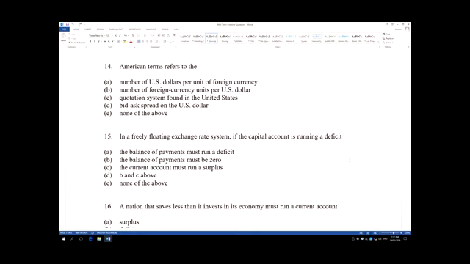If you are in the US, is it an inflow or an outflow? It's an inflow. So what's going to happen to the capital account? The capital account should increase. Is this an export or an import? Okay, so it's an export.